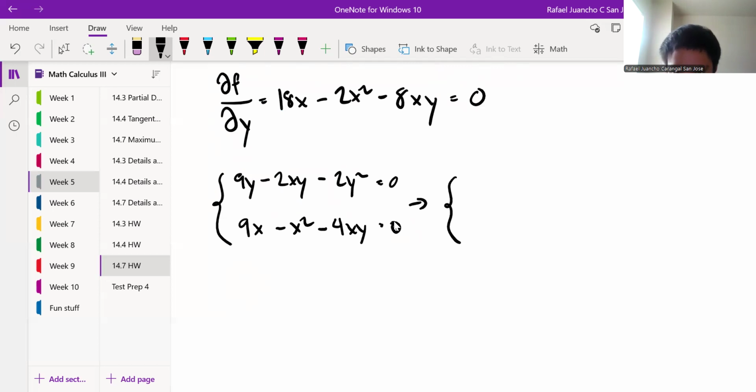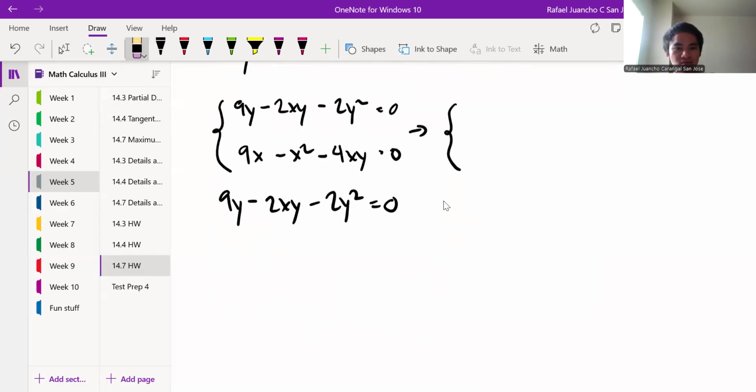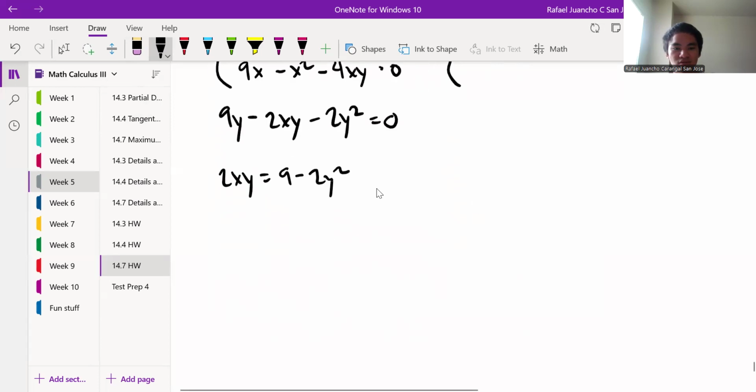I guess I can isolate my x here and plug it into here. Yeah, let's try doing that. So just a little bit of solving here, or algebra, I mean. I get this, right? And then I try to isolate my x here. Done.